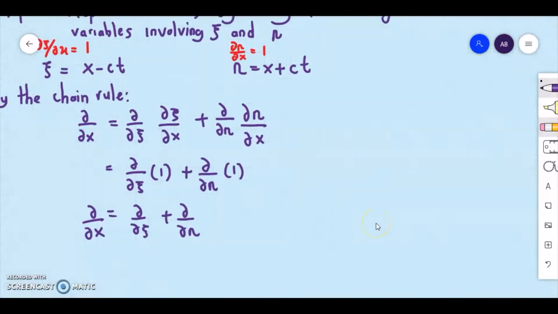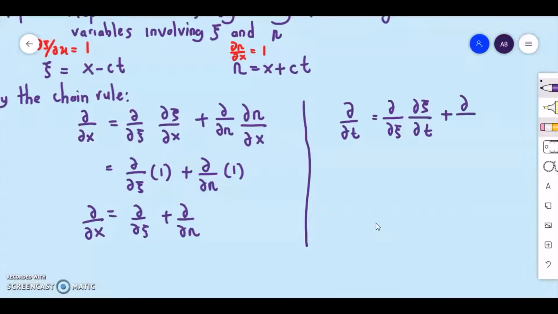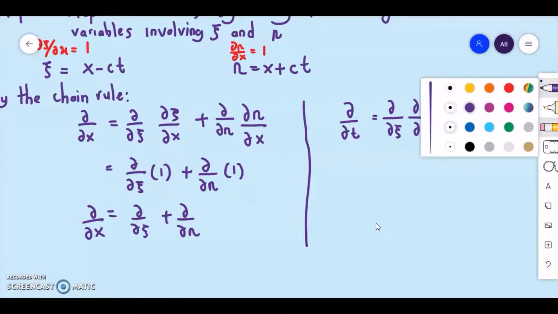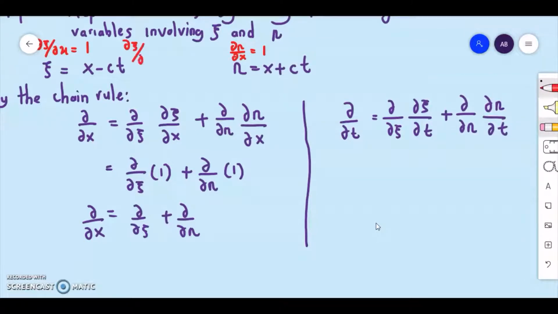Now for the derivative with respect to time, a similar approach. I will have partial with respect to psi times partial psi with respect to time, plus partial with respect to eta times partial eta with respect to time. Looking back at our equations for psi and eta, taking the derivative of psi with respect to time I have minus c, and for eta with respect to time I have c.